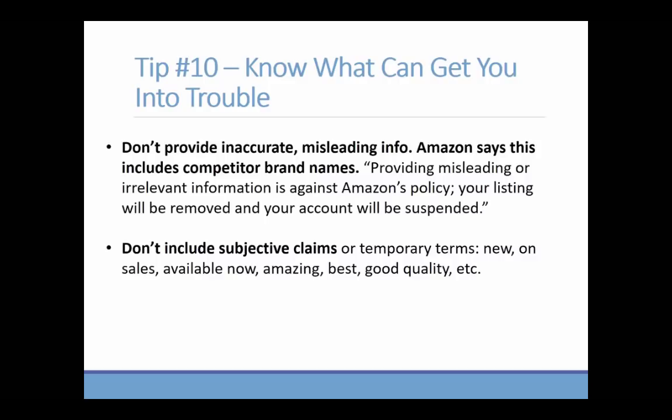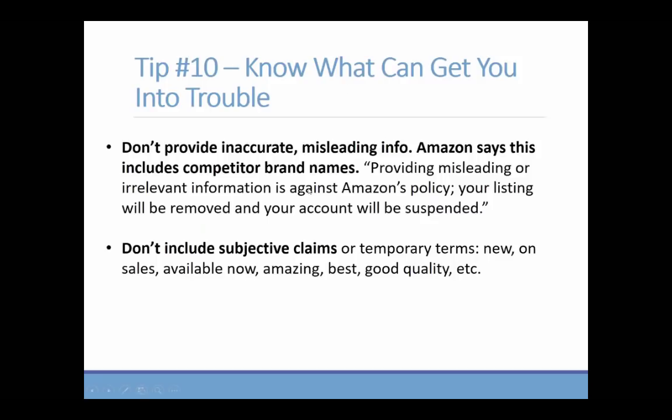So if you are selling a knockoff of, what's it called, Amopé, the motorized pedicure tools, you cannot legally use Amopé in your search terms because it is a competitor's brand name.